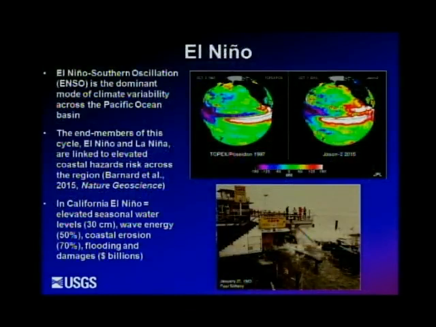And as I mentioned, these effects are amplified during El Nino winters when we have the most significant storms along the California coast. And just as a little bit of a refresher, El Nino Southern Oscillation is the climate variability pattern, which has to do with the distribution of heat along the tropical Pacific.